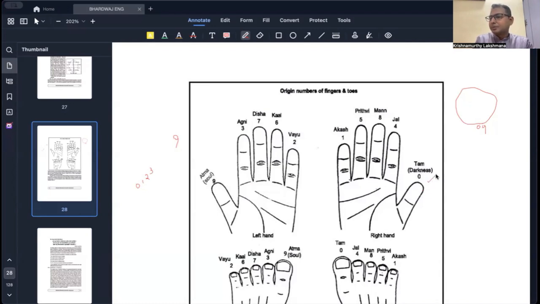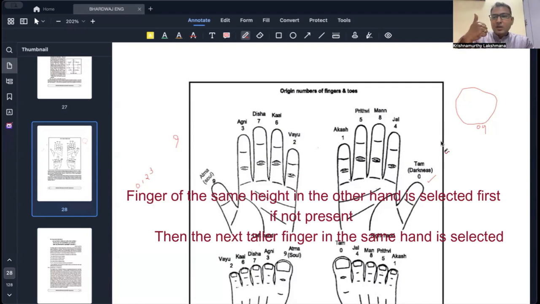Which is the finger which is taller than the thumb? The small finger of the right hand. Because we are currently in the right hand, we will choose the next small finger in the current hand, the right hand.